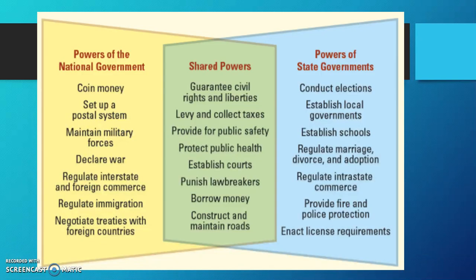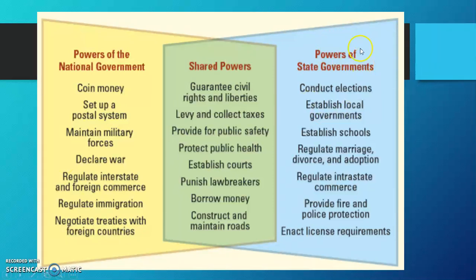Now here's another image of how our government splits the tasks of the state and national governments. As we can see here to the left, the powers of the national government include such things as coining money, setting up a postal system, maintaining military forces, and declaring war.